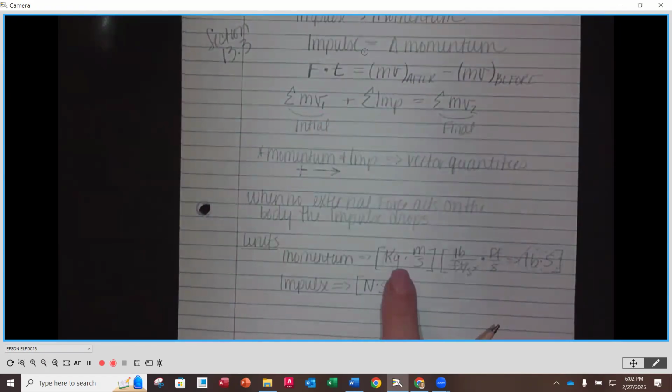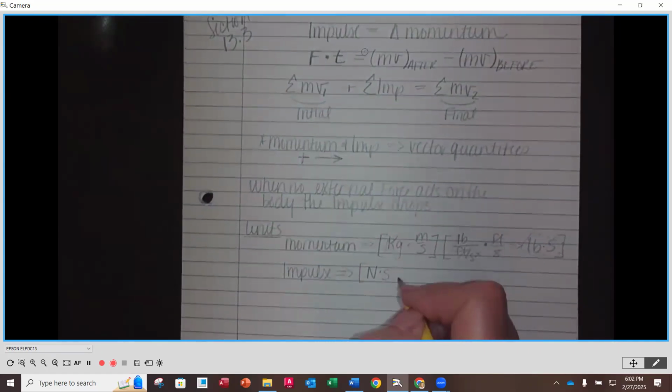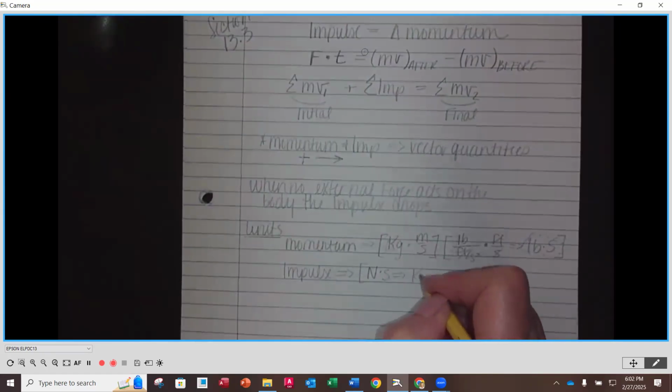And kilogram meters per second are not the same as newton seconds, or are they? Okay. So if we expand out the newton, a newton is actually a kilogram times meters per second squared. And then we multiply it by seconds.